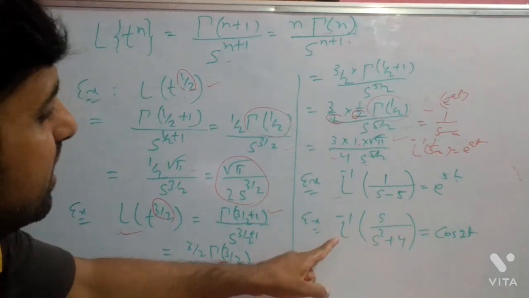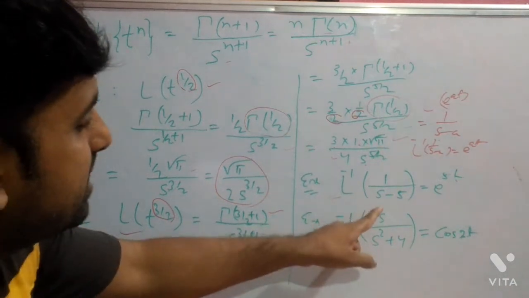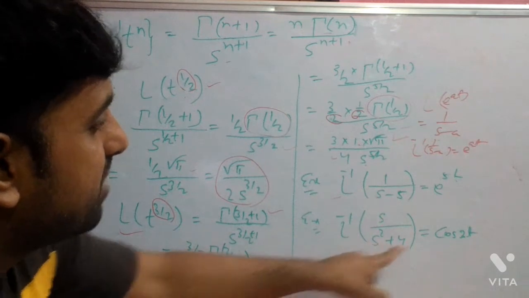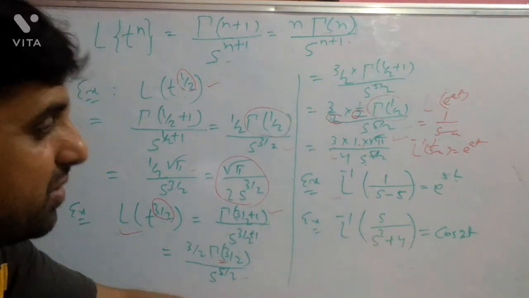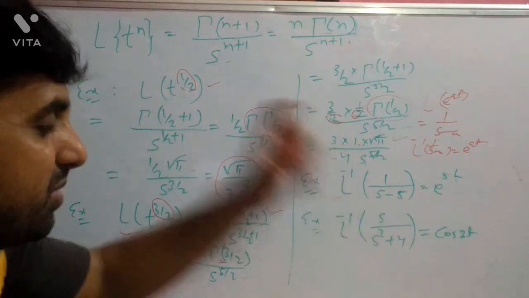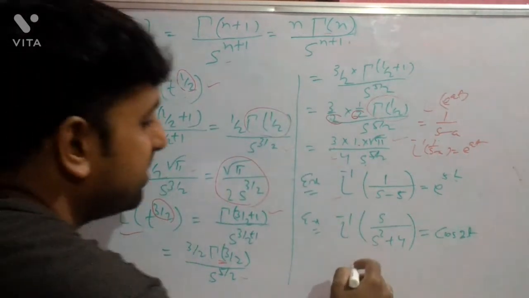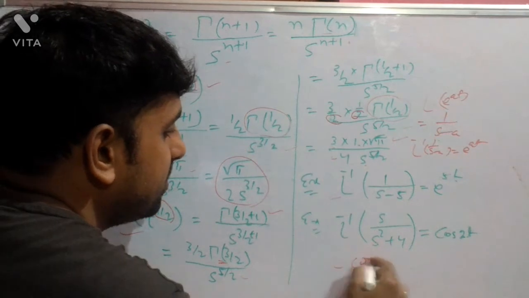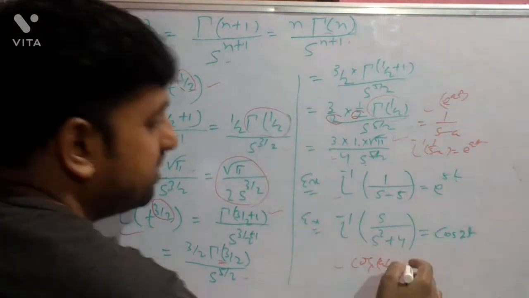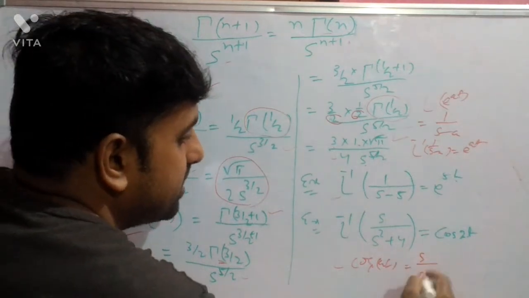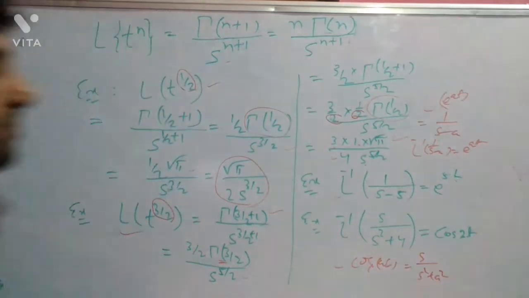Similarly, what is the Laplace inverse of s divided by s square plus 4? To find this, we have to remember the formula: Laplace of cos at is equal to s by s square plus a square.